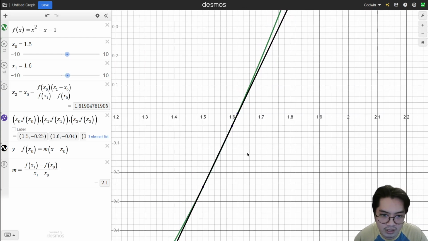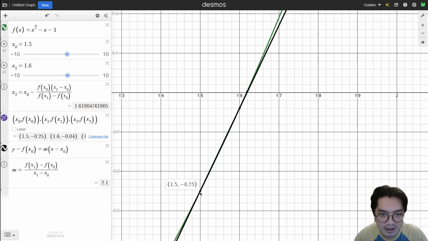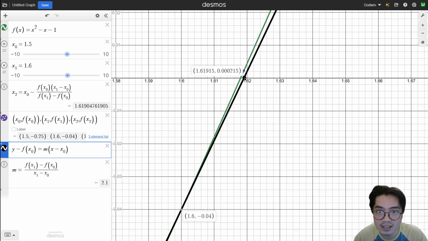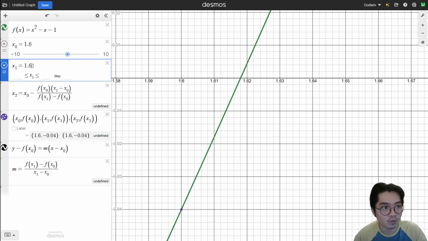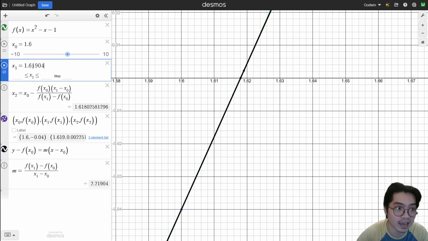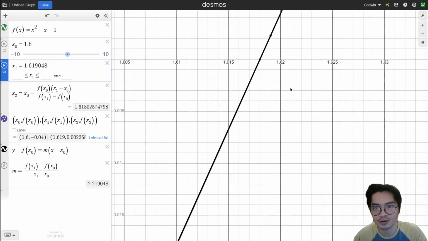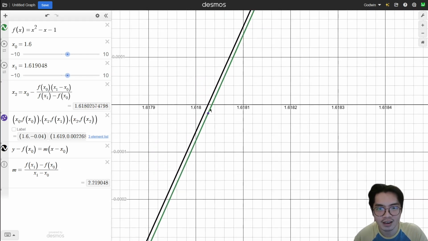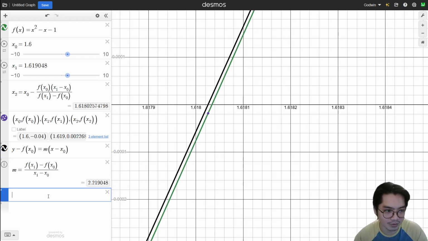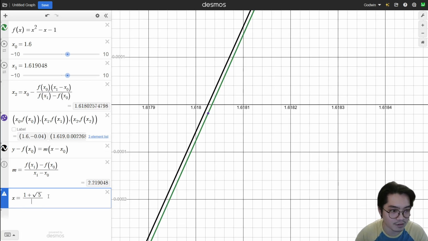So now notice that we are creating a line between 1.5 and 1.6. And now it seems that our answer is going to be 1.619048. So now this is 1.6, 1.619048. And then there you go. We have to zoom in way farther. Your actual root, just so we know, is 1 plus square root of 5, over 2.